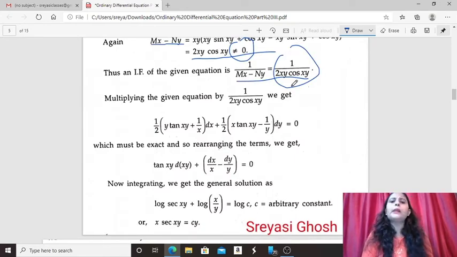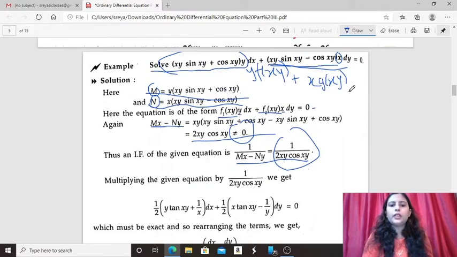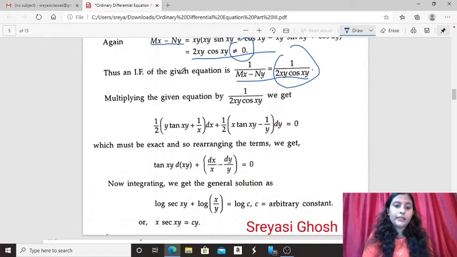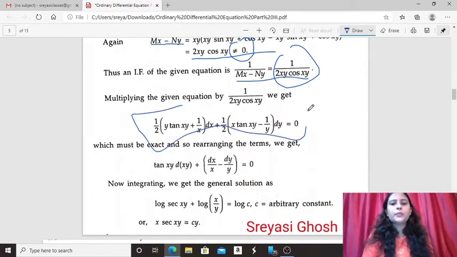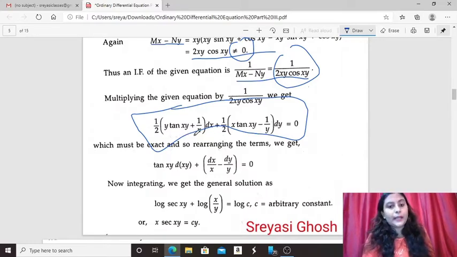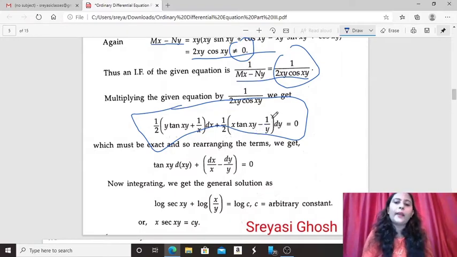After multiplying it with the equation, you can see the equation gets converted into this particular line: half y tan xy plus 1 by x dx plus half x tan xy minus 1 by y dy equal to 0, which of course has to be exact.